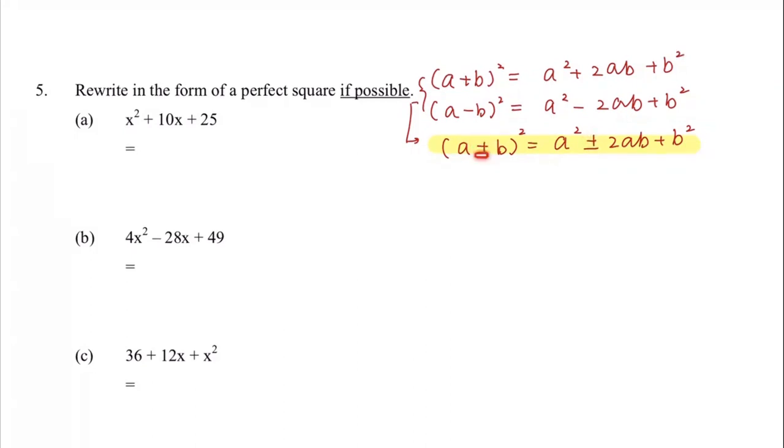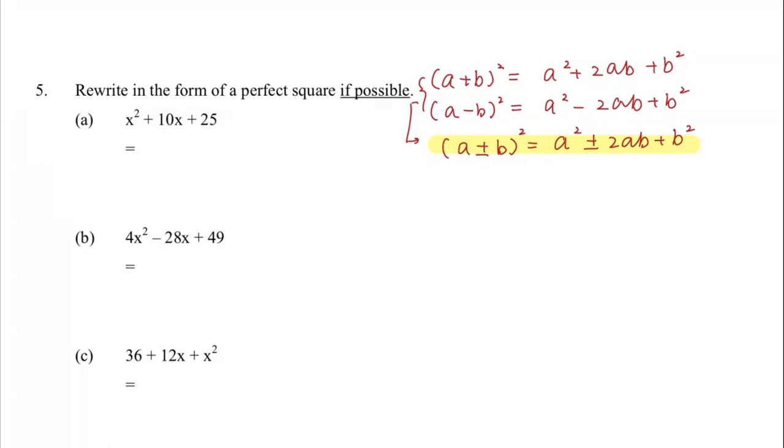If it's a minus b, then it's a minus sign here. The reason we sometimes write the two formulas as one is that it's easier for people to memorize. Now you just need to remember one formula instead of two.